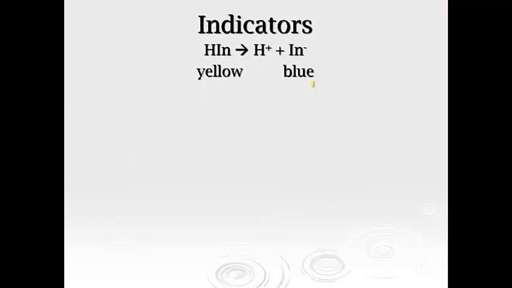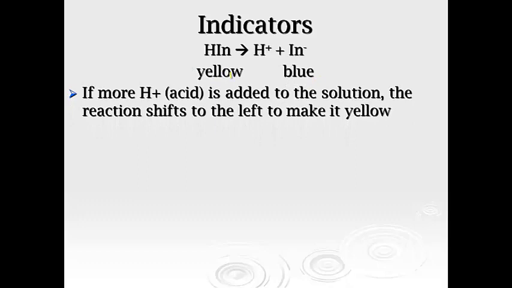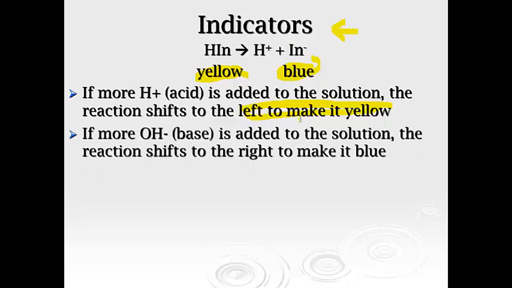Now, for general indicators, for example, if it was yellow when the weak acid was present, and blue over here, if more hydrogen ion is added to the solution, the reaction will shift left to make it yellow. Because if we add more hydrogen ion, which is a product, it's going to shift that way, so it will force it to go yellow.